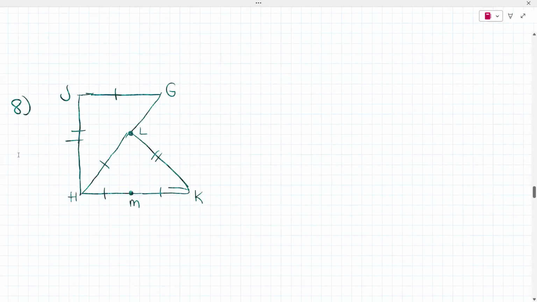What about these ones? This one? They want to know if these two triangles are congruent by either SAS or SSS postulate. I think it would be SSS postulate.